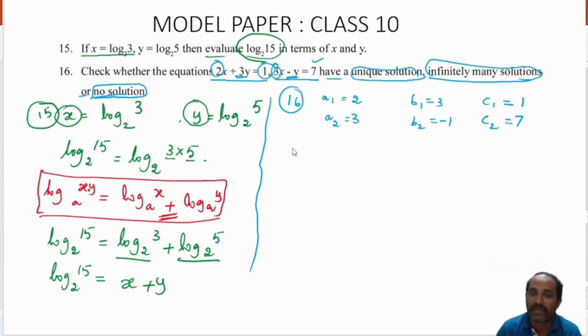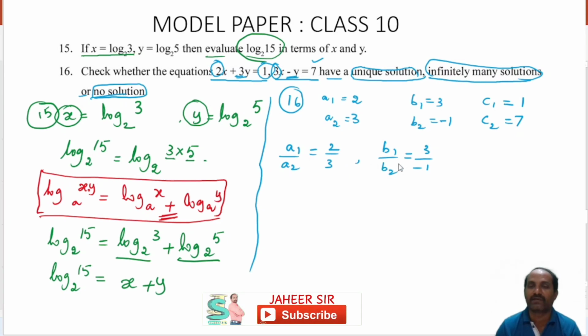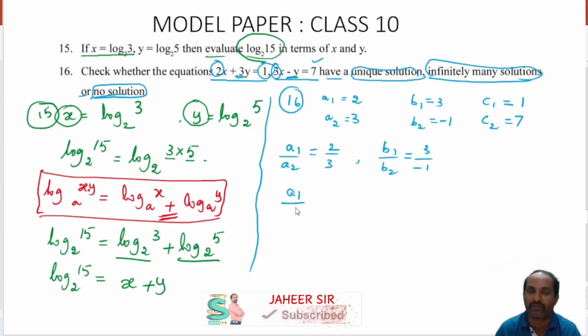Now find a1 by a2, 2 by 3, and b1 by b2, 3 by minus 1. These two are not equal, is it? a1 by a2 is not equal to b1 by b2. No need to check c1 by c2 there.